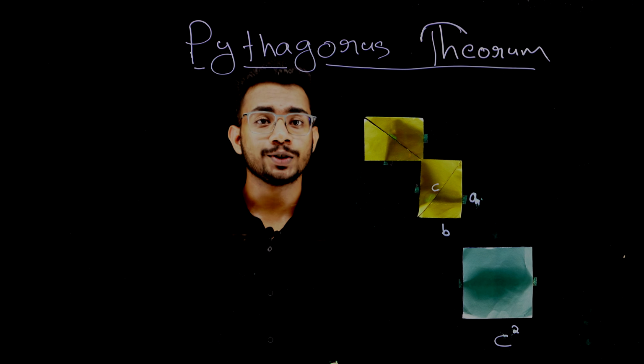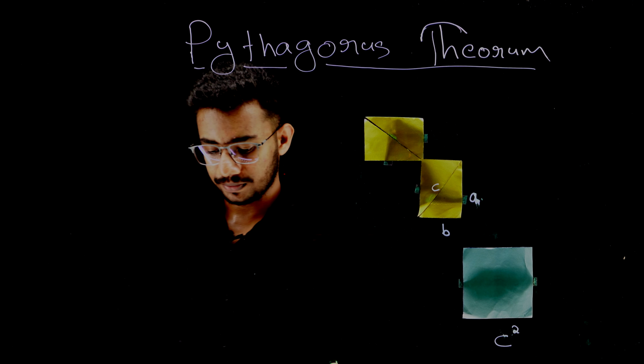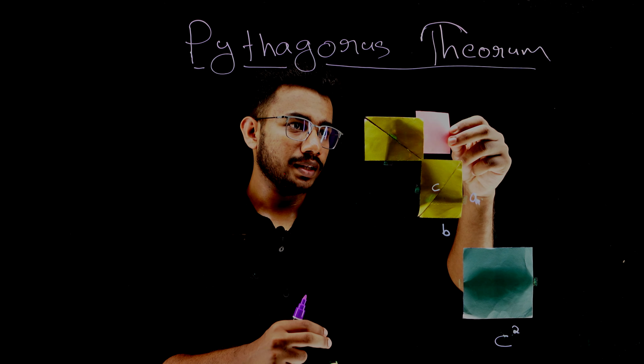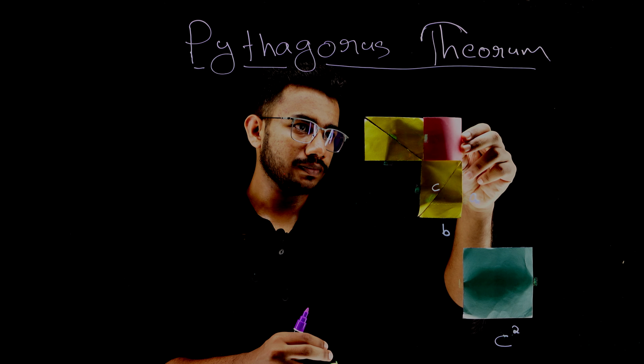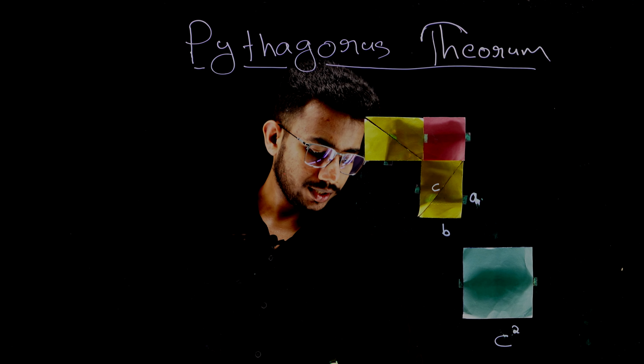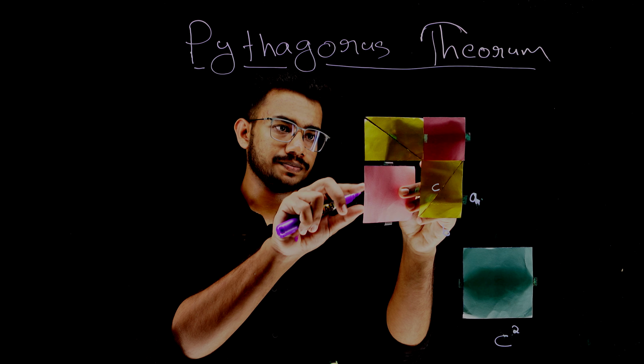So there I can actually fit 2 more squares. Let's say I'm fitting this smaller square on the small area, and on the large area I'm fitting a larger square.